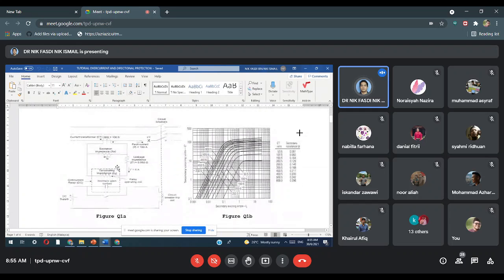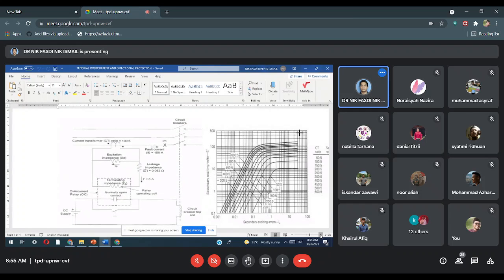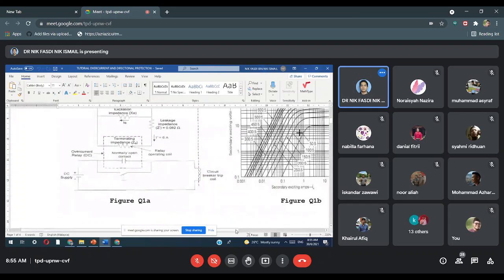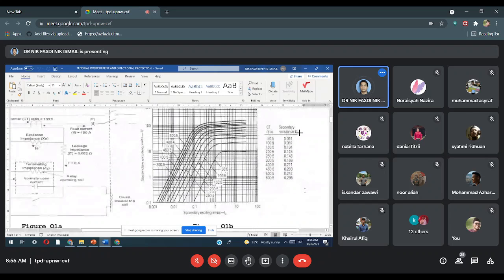Kat sini dia bagi dah, this one 100/5. I kena zoom in untuk nampak nanti. So yang lain tu not valid. We just focus on this curve.